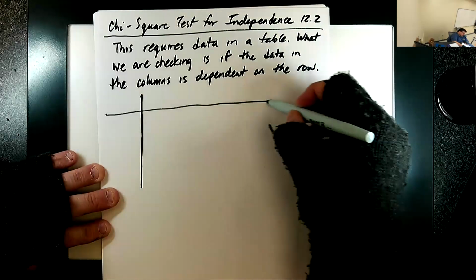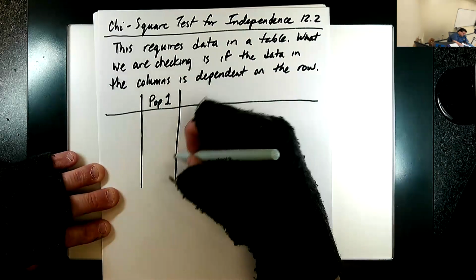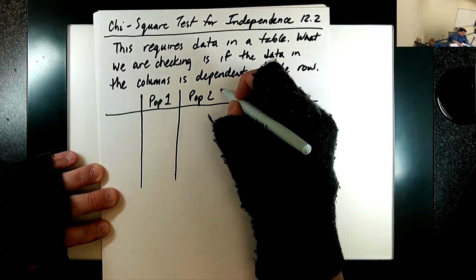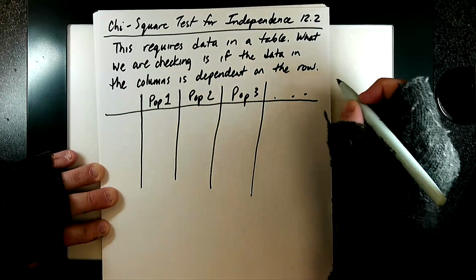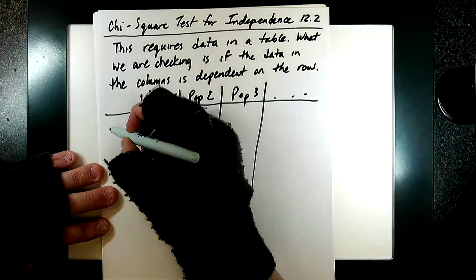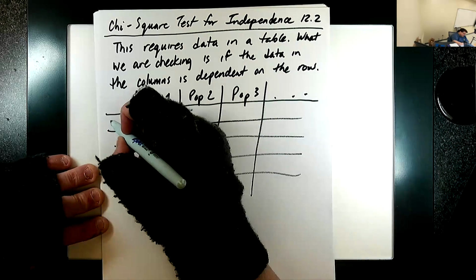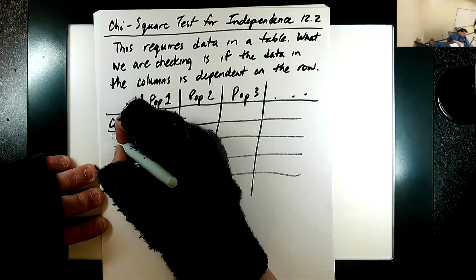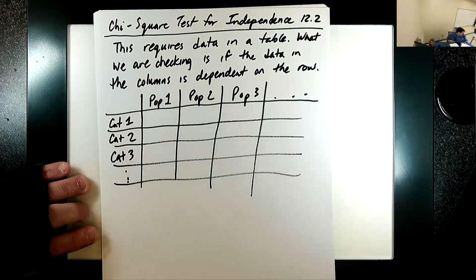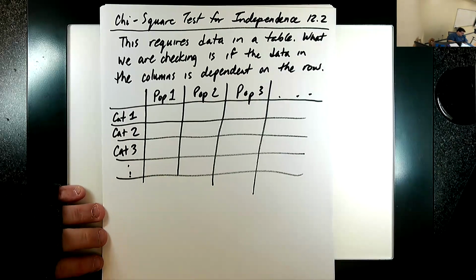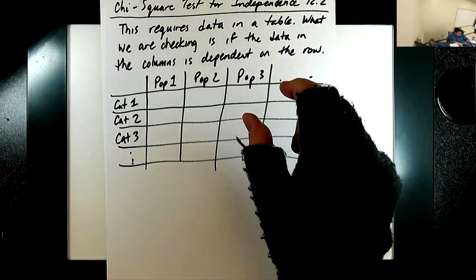So you'll see the population groups across the top, however many there are. And down the rows, you're going to see how they're categorized. Category 1, Category 2, Category 3, however many there are. In fact, this is needed. You need these labels.